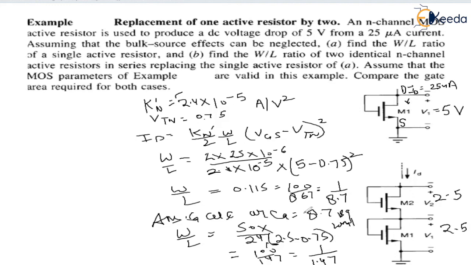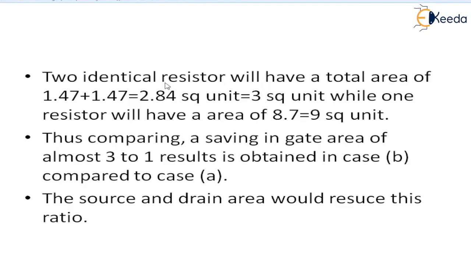Comparing them, one transistor has a gate area of 1.47, and two identical resistors will have a total of about 2.94, approximately equal to 3 square unit. While using only a single resistor to have the voltage drop, the area is 8.7, approximately equal to 9 square unit.